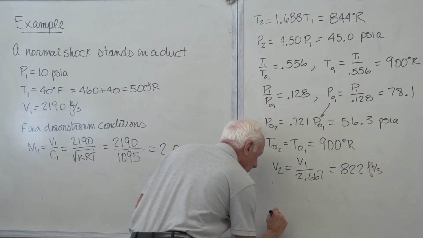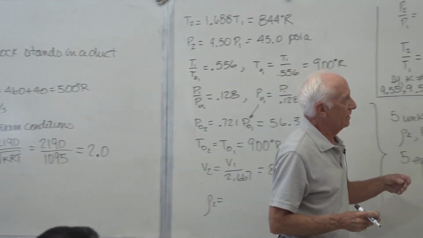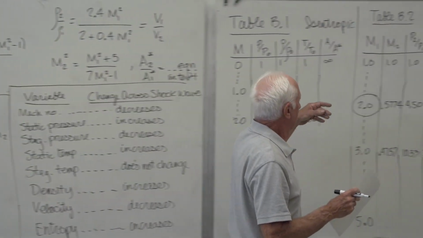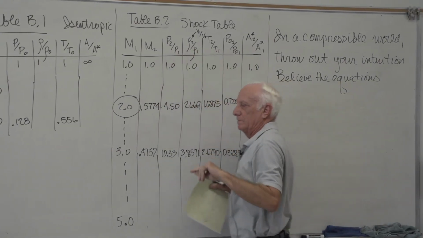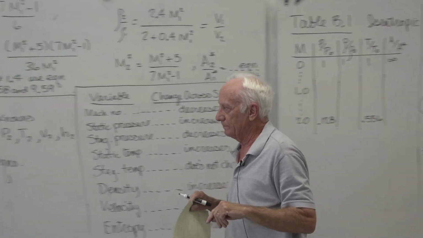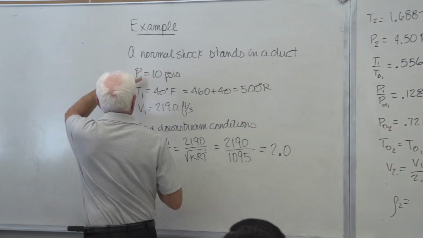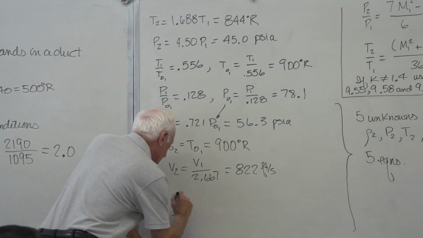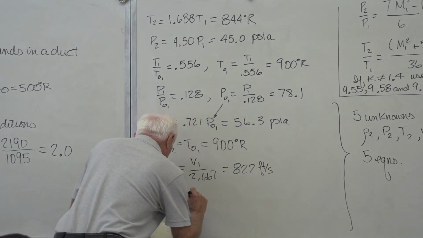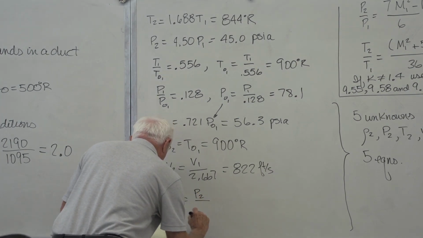Let's get rho 2. You can do it one of two ways. If you want to find rho 1 first, then use the ratio here to get rho 2. You can find rho 1, P1 over RT1. Do I know P1? Yep. Do I know R? Yep. Do I know T1? Yep. But I'll get P2 this way, rho 2 this way. So we have rho 2, P2 over RT2.